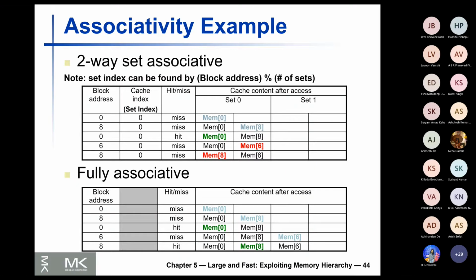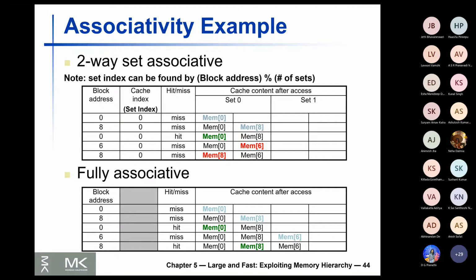When a decision has to be taken among the multiple entries in a single set, which one has to be replaced, the cache follows a least recently used principle. A least recently used principle says that do not touch the cache block which has been accessed recently.